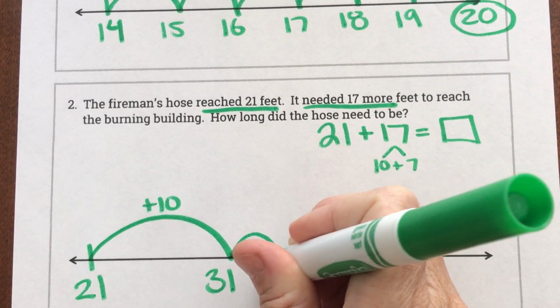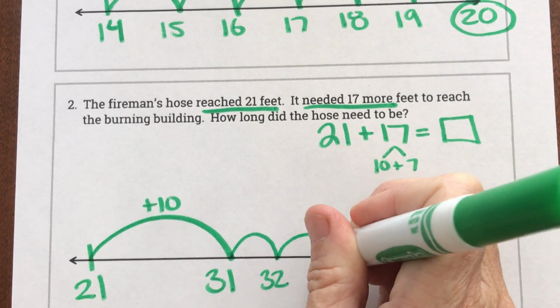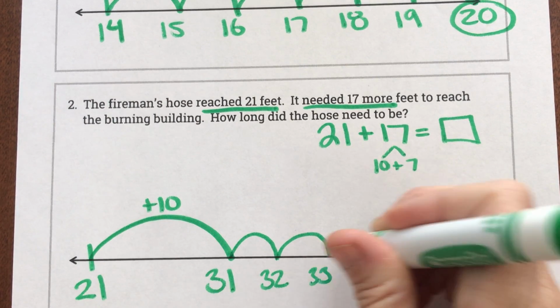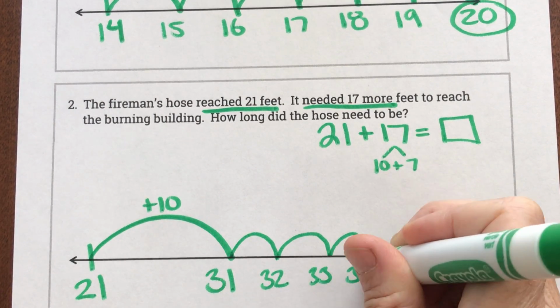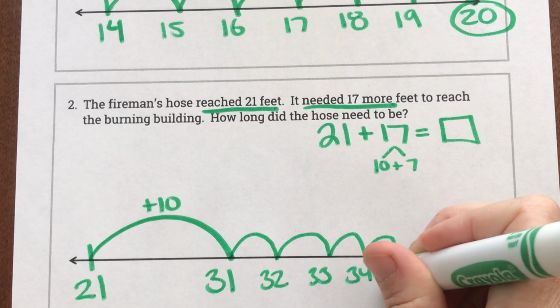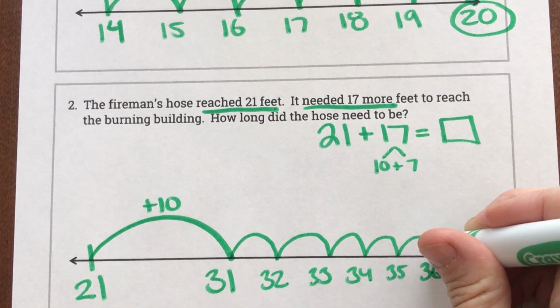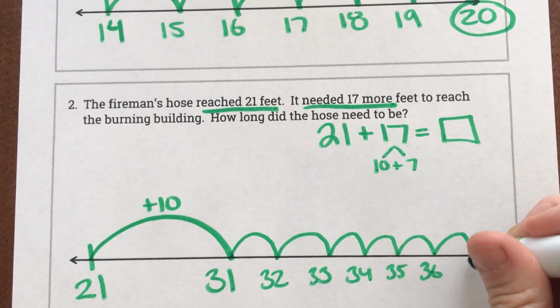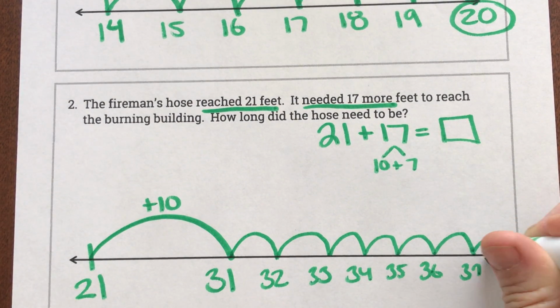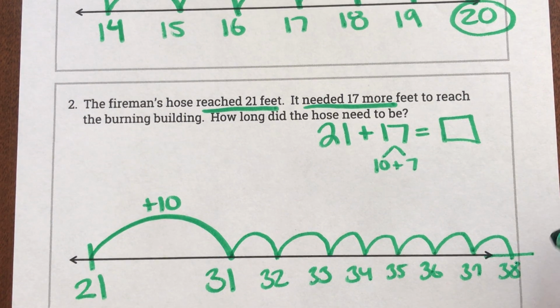So 1 gives me 32, 2 gives me 33, 3 gives me 34, 4 gives me 35, 5 gives me 36, 6 gives me 37, and 7 gives me 38.